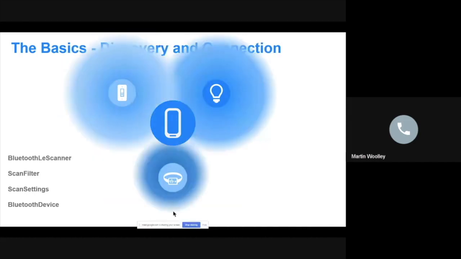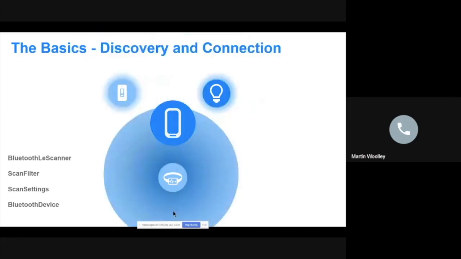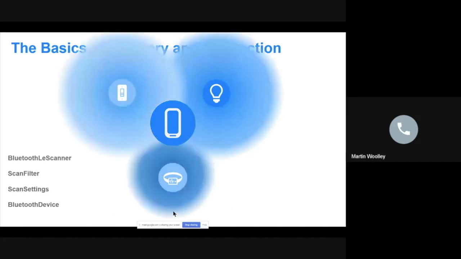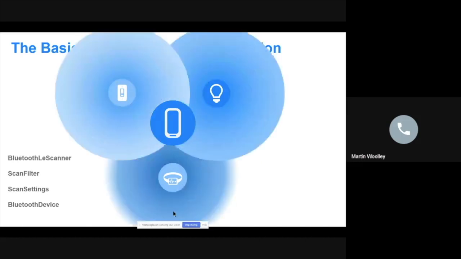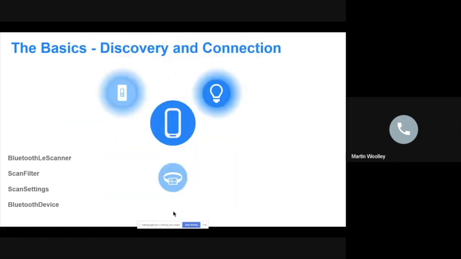The way that works is Bluetooth peripheral devices are doing something called advertising, which is a way of broadcasting data designed specifically to attract attention to that device, convey some information about what type of device it is and what kind of capabilities it has, so that you can make sensible decisions about which ones to offer to the user, maybe in a list, for them to select from.